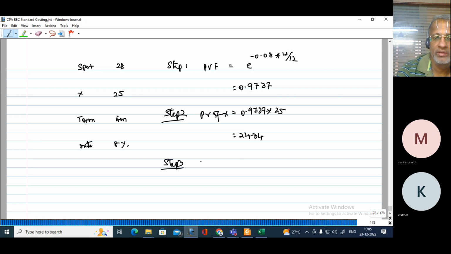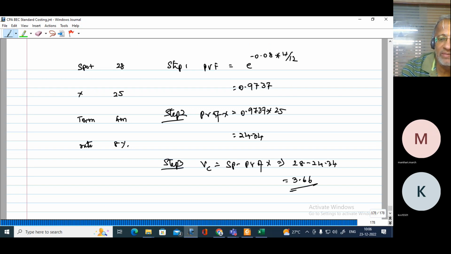Step number 3, value of the call is equal to what? Spot price minus PVF of exercise price. 28 minus 24.34 is equal to 3.66 is the answer. So premium should not fall below 3 rupees and 66 paisa.